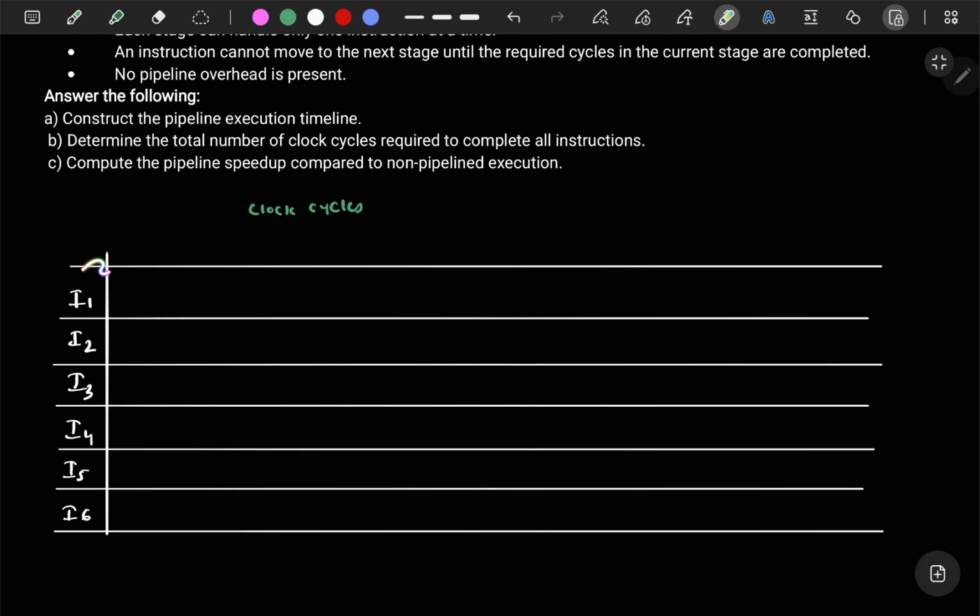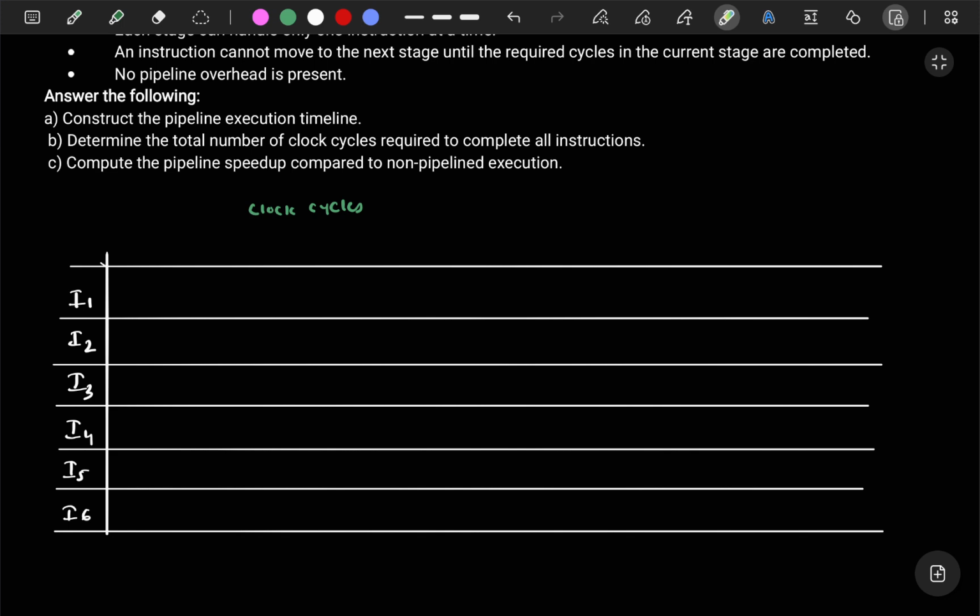So here you can see in the rows I put the instructions, and in the columns I will put the clock cycles. At the beginning we can't know how many clock cycles there are, so we just assume randomly, like 10 to 12 clock cycles, and then try to solve it.